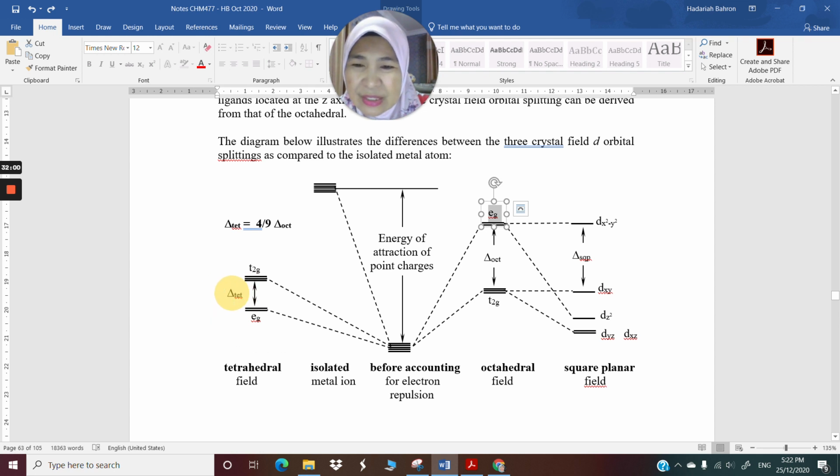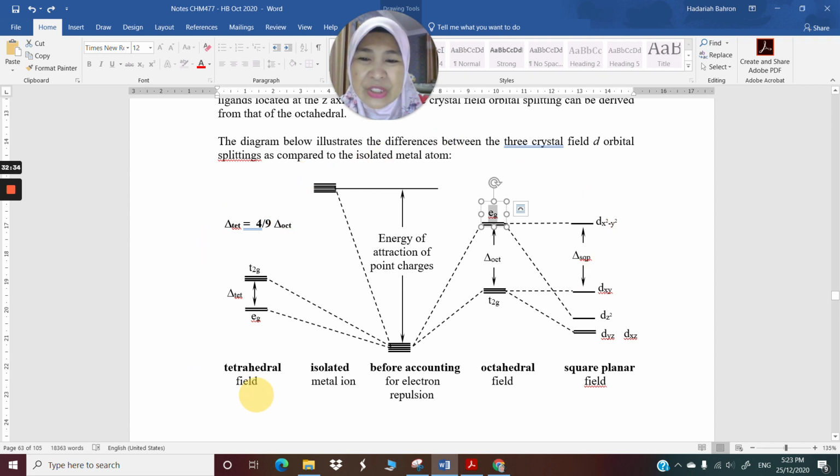Delta tetrahedral is smaller compared to delta octahedral, and in calculation, delta tetrahedral for the same metal and the same ligand will always be 4/9 of delta octahedral. It is smaller because only 4 repulsions are happening here, whereas for octahedral there are 6 repulsions happening.